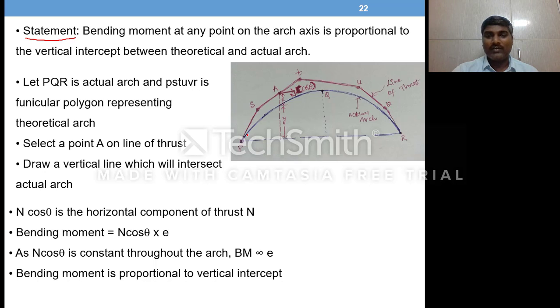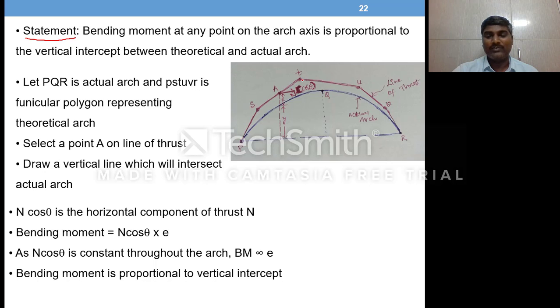That you see with the network of lines. You can see the portion PS is a line which indicates a certain compressive force value. Similarly, the portion ST is a line which indicates a certain compressive force. How do you get these values?